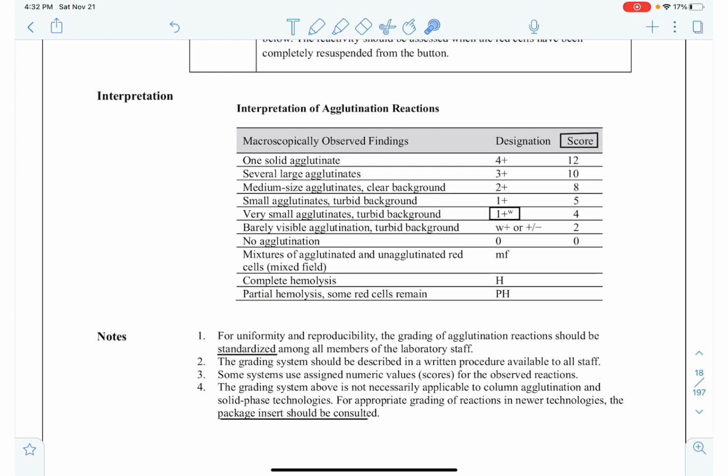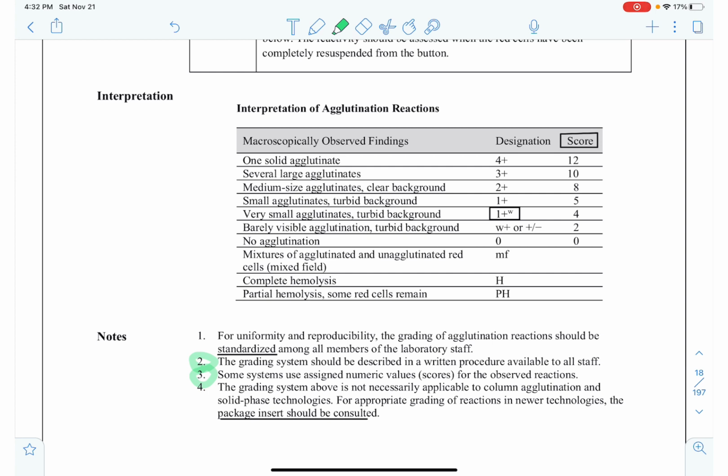Number 2 states that grading systems should be available in a written procedure in your hospital. So all of you should be able to look at your SOPs and find a grading scale which you can refer to.